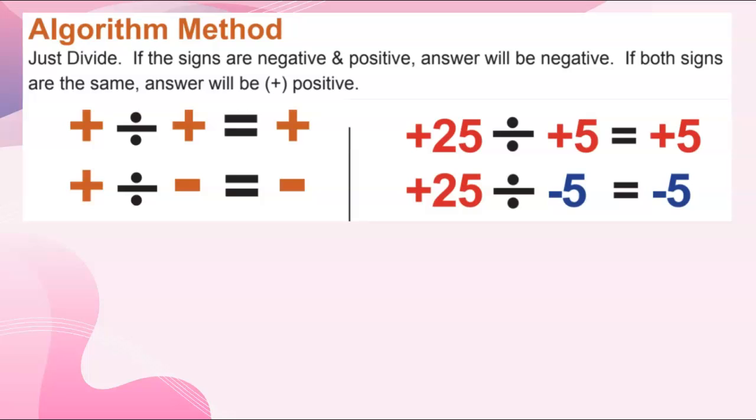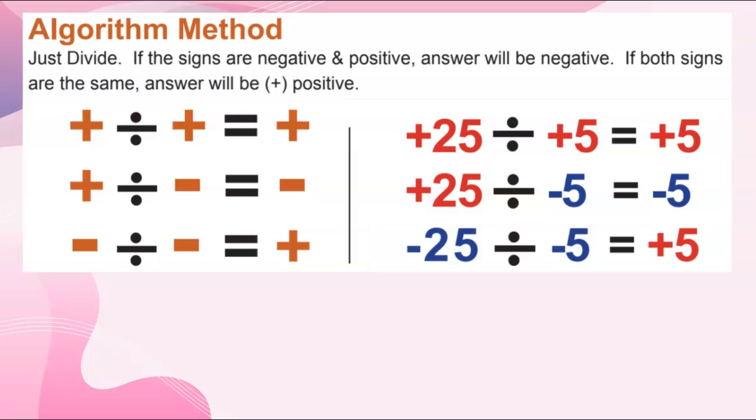Now let's say we have a negative divided by a negative. Those are the same signs, so that means we're going to get a positive answer. And we saw this in our visual method and our number line method. We divided a negative number by a negative number, and we got a positive number of groups to make up that first negative integer.